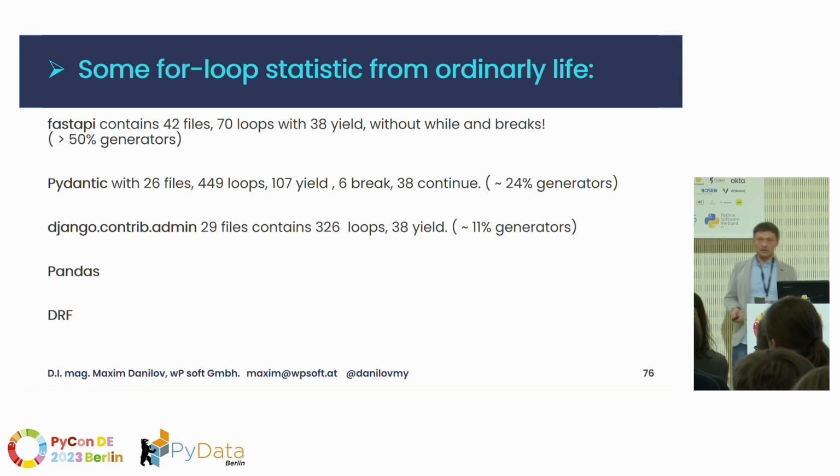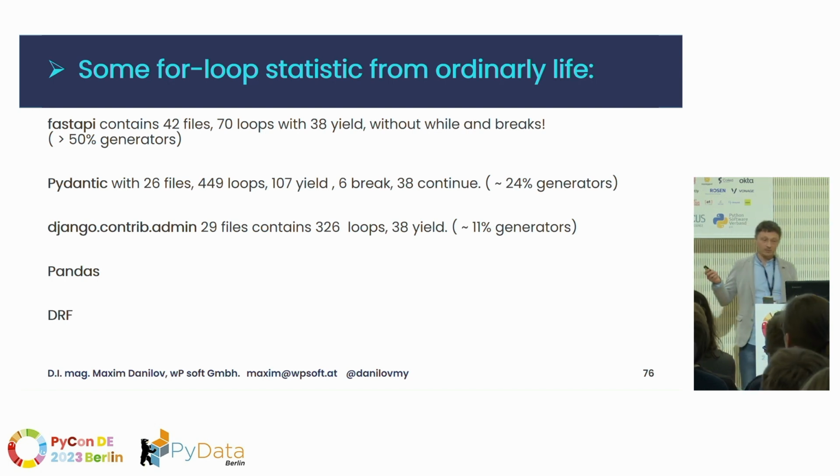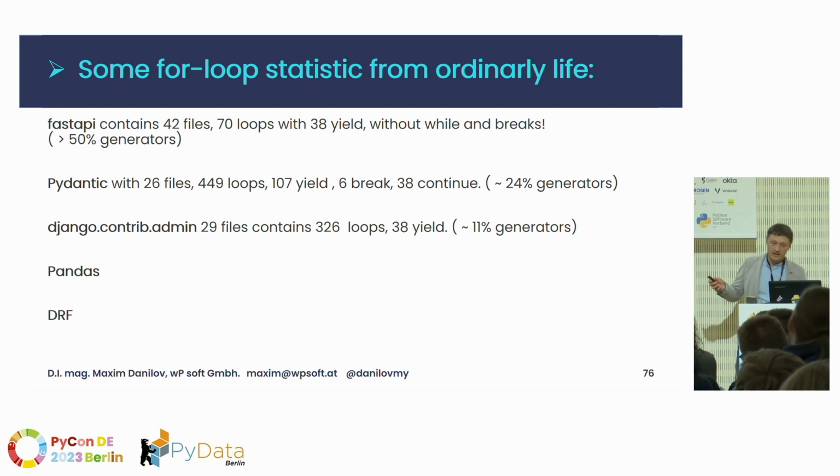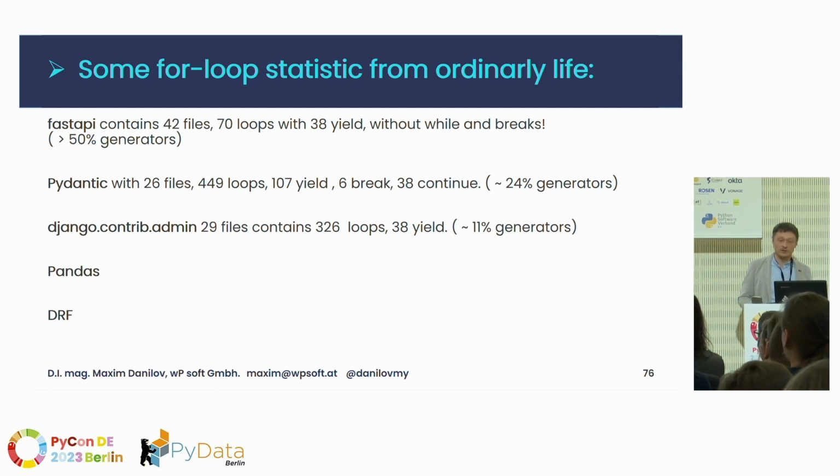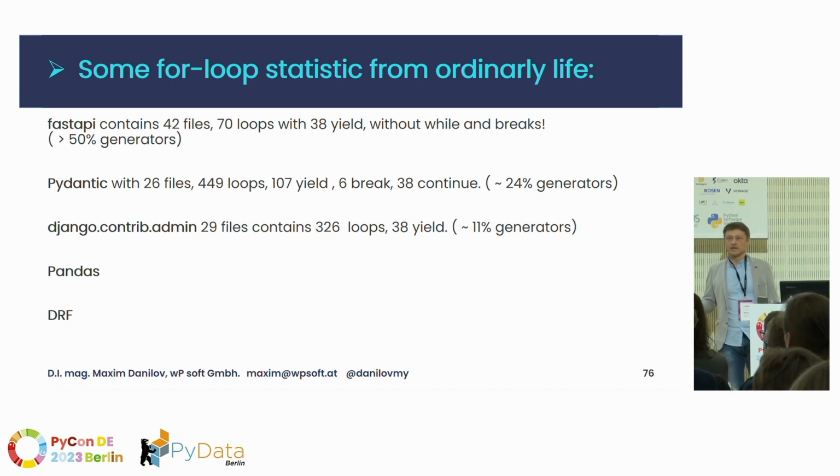Pydantic is not a well-written library, and it contains around 500 loops and only 100 yields. It means around 25% of loops use generators.